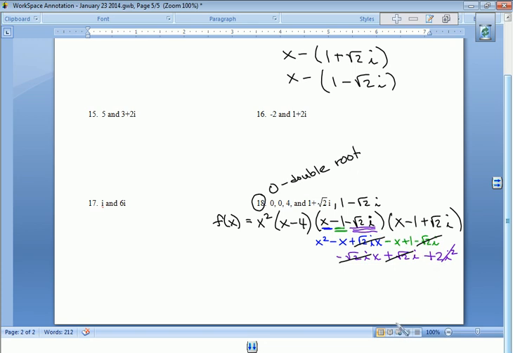Beautiful. Everything imaginary canceled itself out. And what I'm left with is x squared. And then here is a negative x, and here is a negative x, so minus 2x. And then here is a 1, and here is a 2, so that is plus 3.